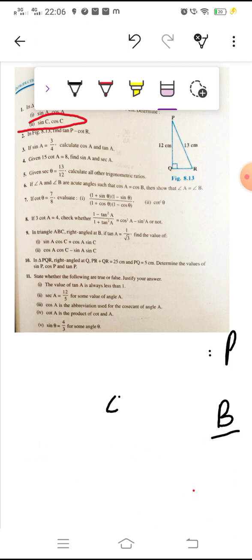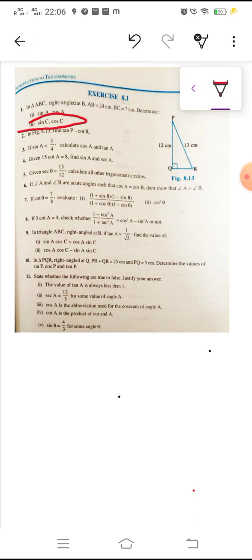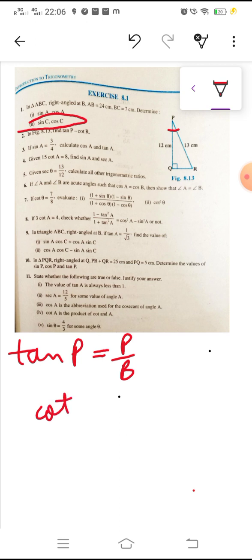What is the second question? The figure is given, and we have to find tan P and cot R. Tan P is equal to perpendicular upon base, and cot theta is equal to base upon perpendicular.